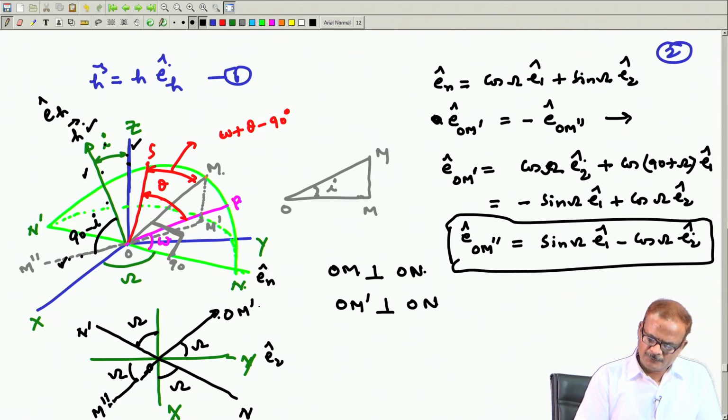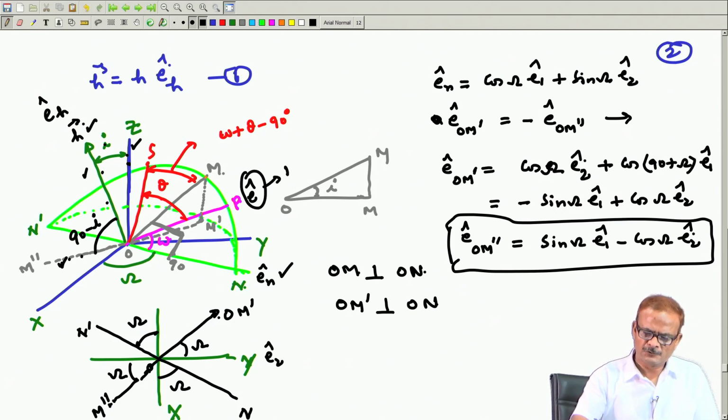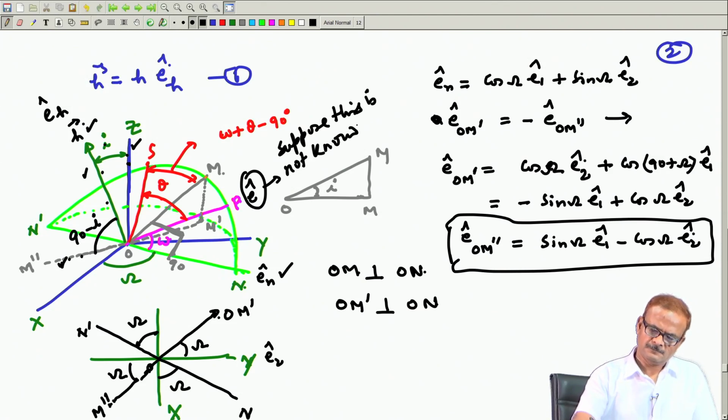Now, what we are going to do? We know this vector, and let us assume that this E cap vector which we were earlier knowing is not known. In that case what we will do?